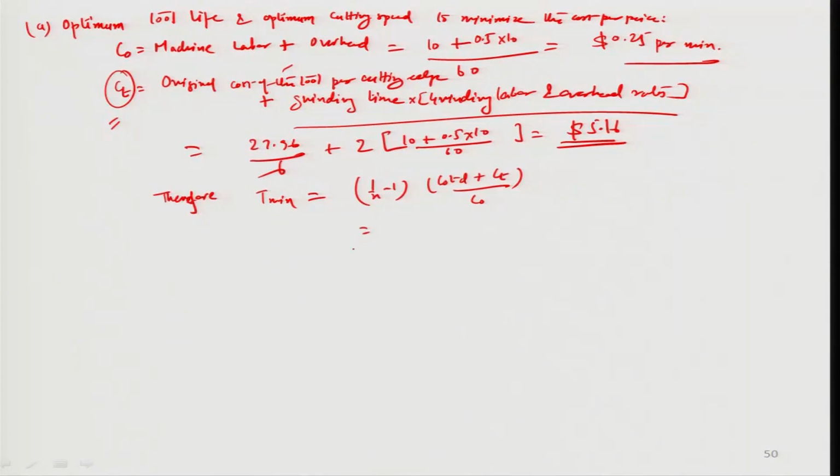So, we record the n value from the Taylor's tool life equation as given in the question to be 0.20, and therefore, this is 1 divided by 0.20 minus 1 times (0.25, which is the C0 value, times TD, which was given as the tool changing time, 0.50 minutes, plus the CT value 5.16 units of currency) divided by the C0 value 0.25.